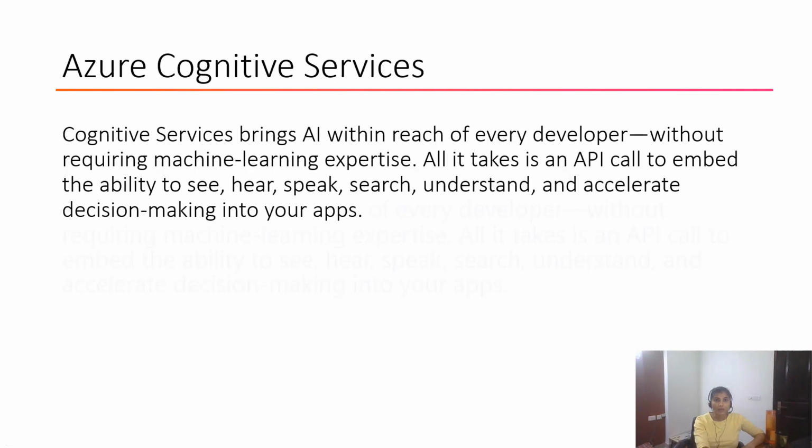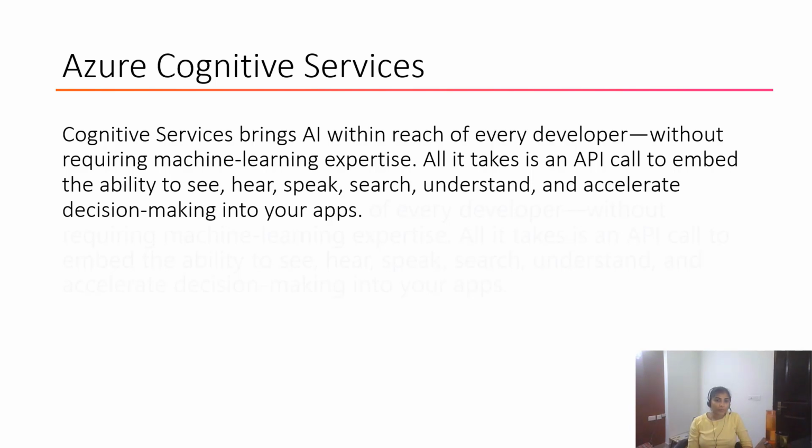Okay, so now we know what is ML.NET and how it is basically helping you. Let's move towards another branch of Microsoft's AI ML offering, which is Microsoft Azure Cognitive Services.